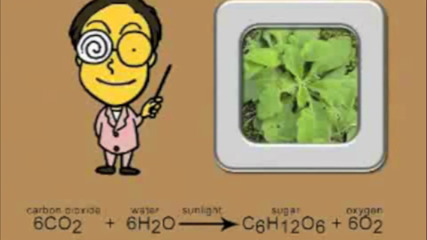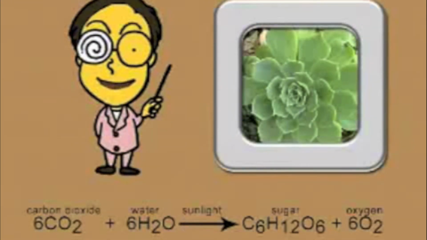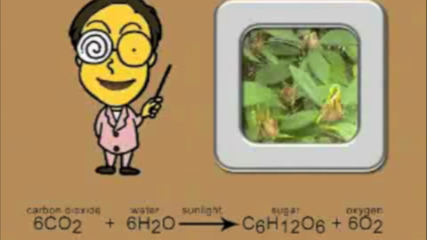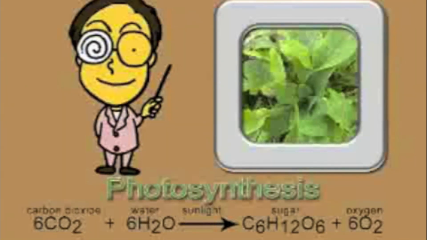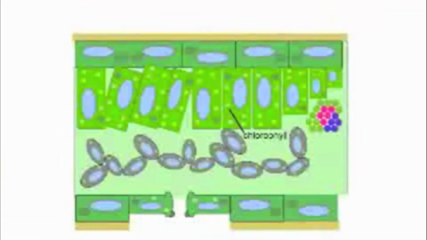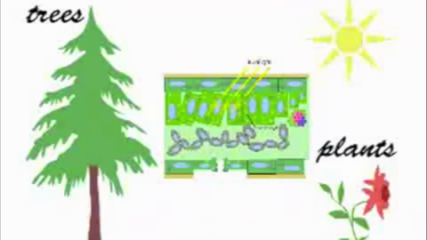Every plant can do this fundamental process, and we can call this photosynthesis. It's a miracle how all the chlorophyll captures sunlight in the leaves of the plants and the trees.